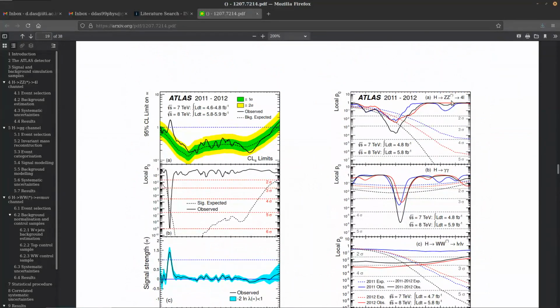You see there is a small effect. The p-value dips, but it's not very significant. It's only 10 to the minus 1. So it's a 1 in 10 chance that it can be a statistical fluke. But here it is nearly 10 to the power minus 4. Yet, if I only look at H to ZZ star, I cannot be sure that this is sufficiently significant to claim a discovery, because the p-value is 10 to the power minus 4.